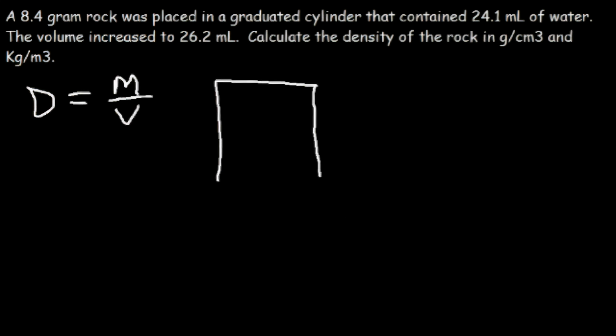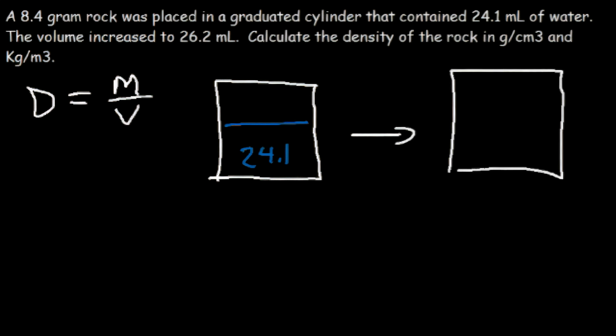Let's say we have a container that has 24.1 milliliters of water, and then we're going to add a rock. So then the volume is going to increase to 26.2. And so here's the rock. What is the volume of the rock?